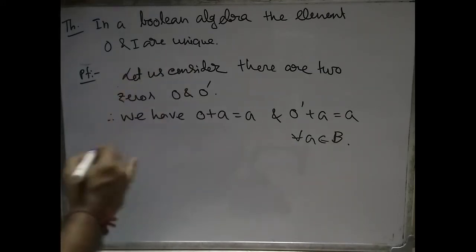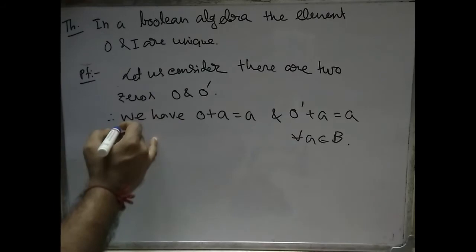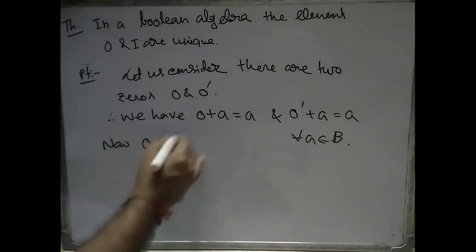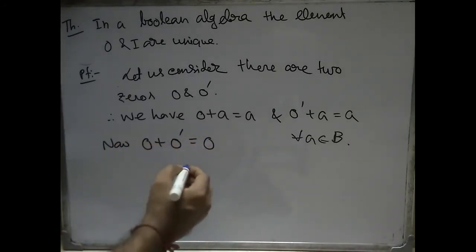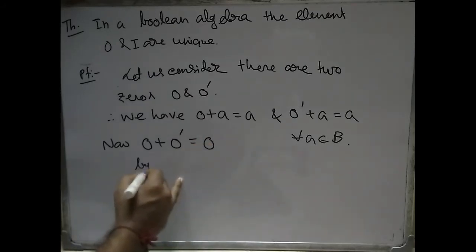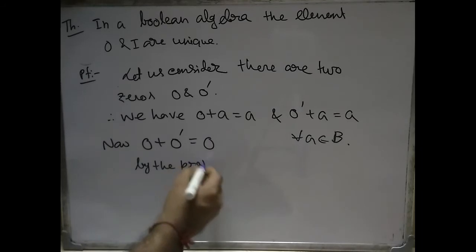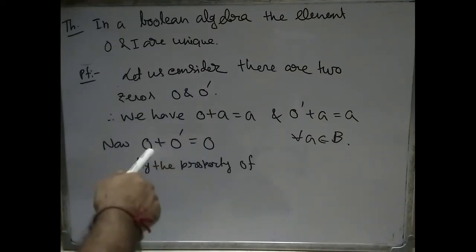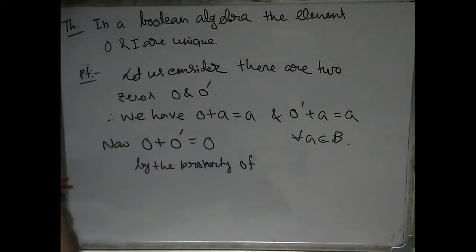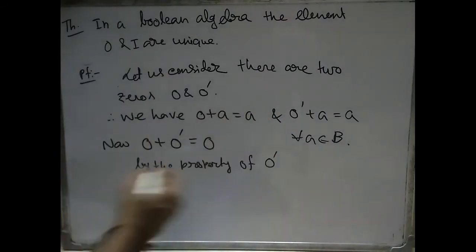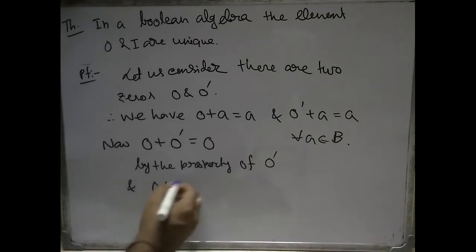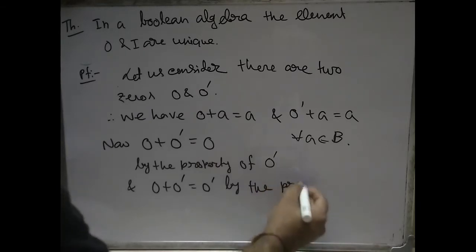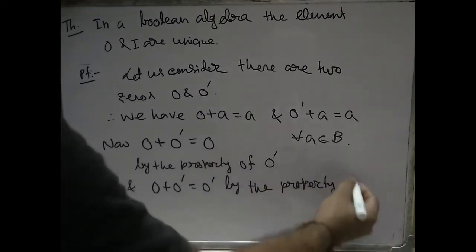Now 0 plus 0 dash is equal to 0 dash by the property of 0, and 0 plus 0 dash is equal to 0 by the property of 0 dash.